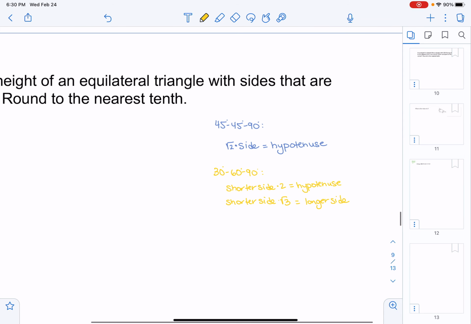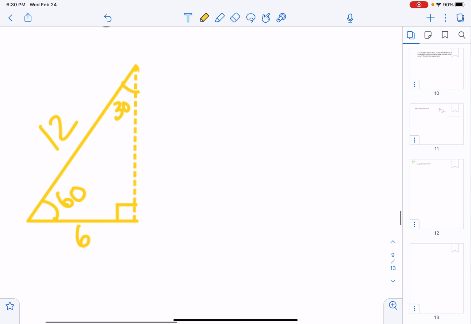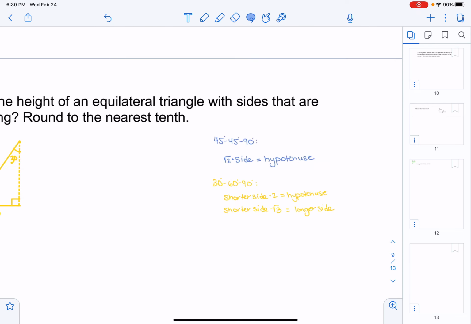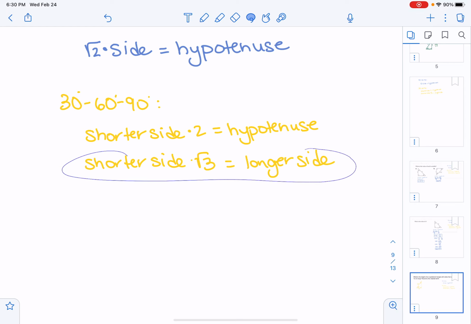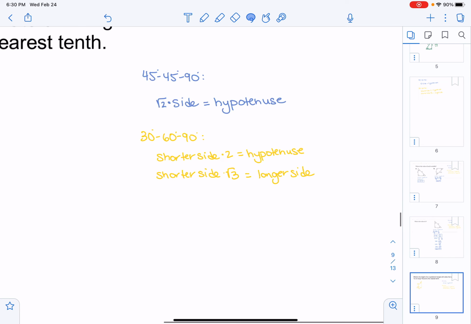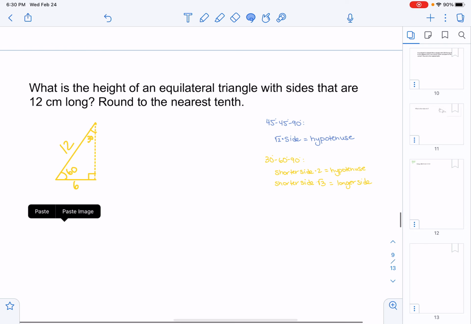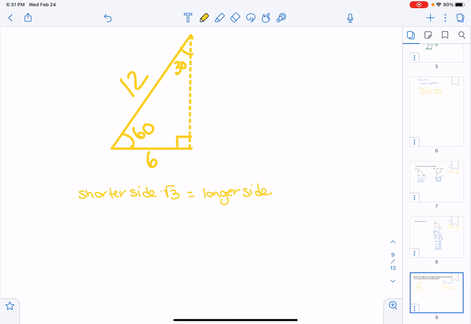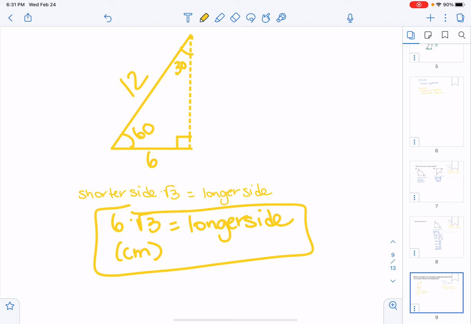We can use this shortcut. So if we want to find the longer side, we can take our rules. This one has something about the longer side in it. And our shorter side is 6. And that's our answer. The unit would be centimeters. I think that's what they said.